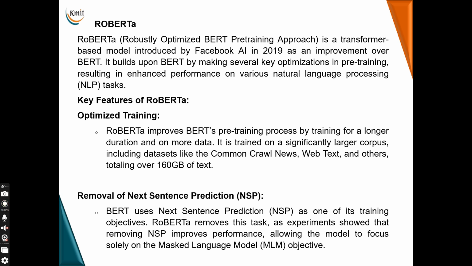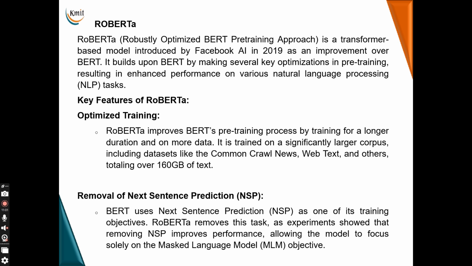The other pre-trained model we are going to discuss today is RoBERTa, which is robustly optimized BERT pre-training approach. So this is also a critical improvement on BERT, which is pre-training approach, right? This is a transformer based model which is introduced by Facebook AI, that is Meta AI now, in 2019 as an improvement over BERT.